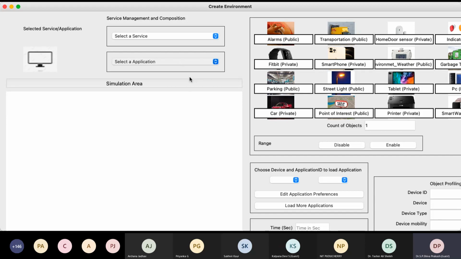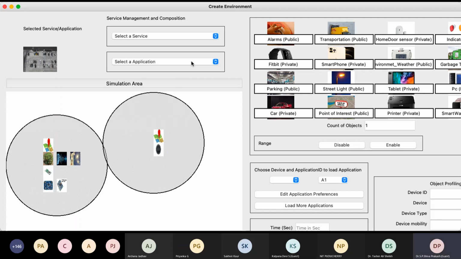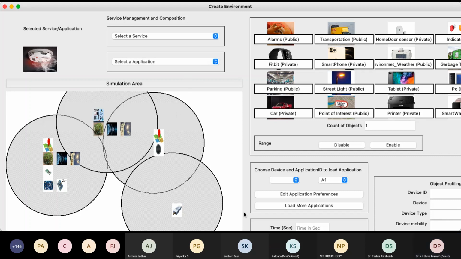For example, a traffic application, a parking application, a city consumption application, and also a fire detection application.